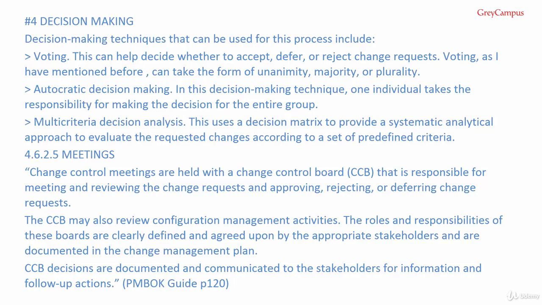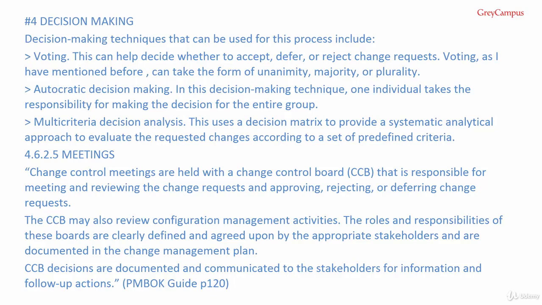Autocratic decision making. In this decision making technique, one individual takes responsibility for making the decision for the entire group. Multi-criteria decision analysis. This uses a decision matrix to provide a systematic analytical approach to evaluate the requested changes according to a set of predefined criteria.